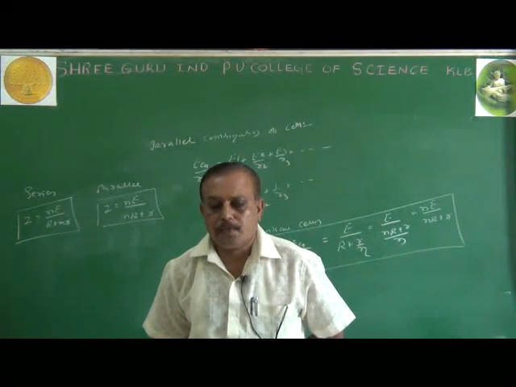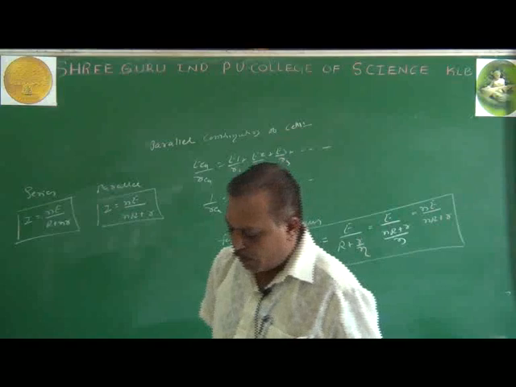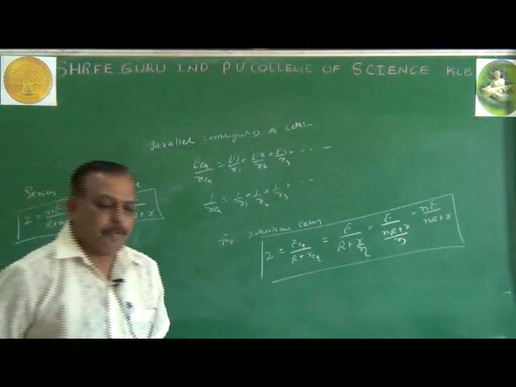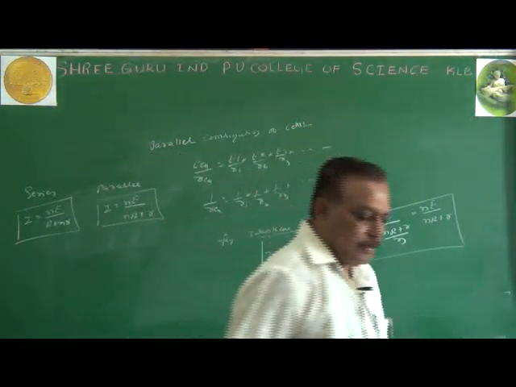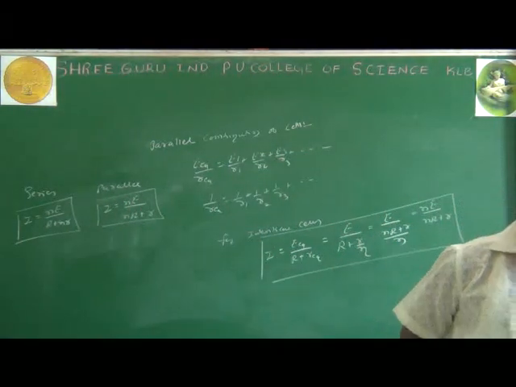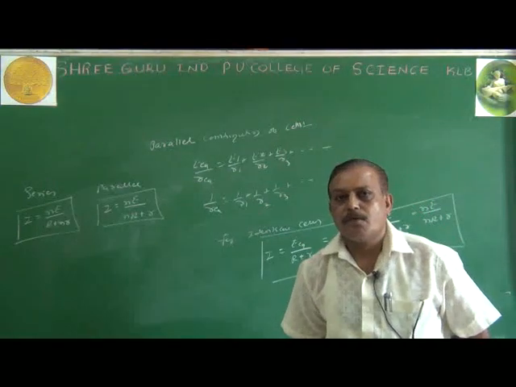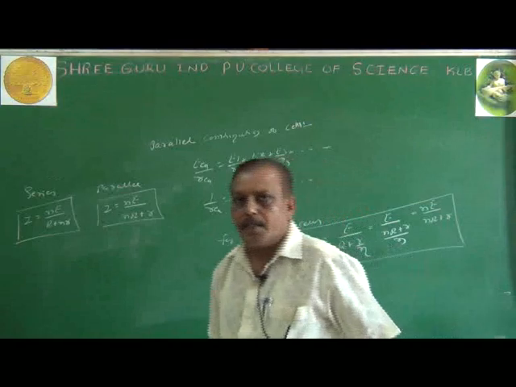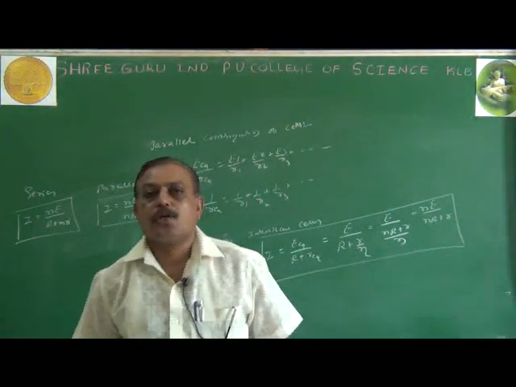One deals with current, another one with voltage. Hence they are called Kirchhoff's current law and Kirchhoff's voltage law. Simply we can say KCL and KVL. KCL signifies the law of conservation of charge, whereas KVL signifies the law of conservation of energy.